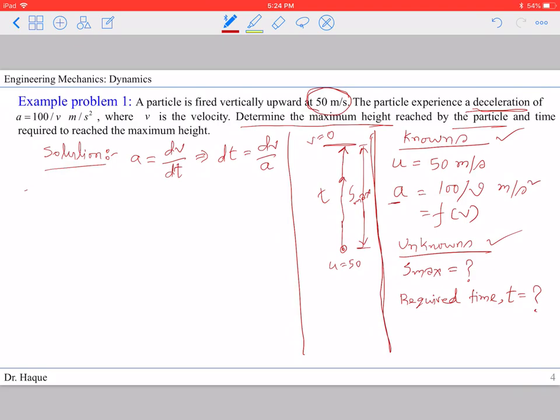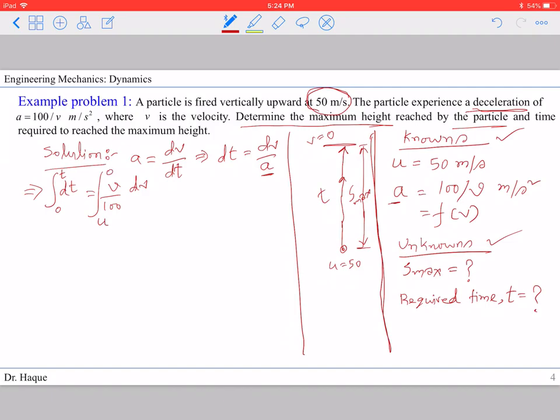Now if we plug in the value, I'll get dt, and we have to do integration to find that, so I put the value of a here and get v dv over 100, integration. The limit is from 0 to t for time, and for velocity it is initial to final.